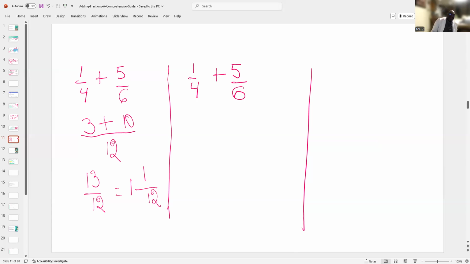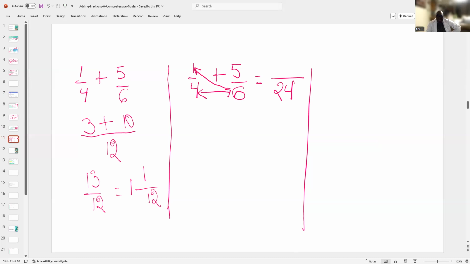The different way consists of just going ahead and multiplying 4 and 6. You put there 24. You see that? You multiply that one. So don't forget. And then you're going to multiply 6 with 1.